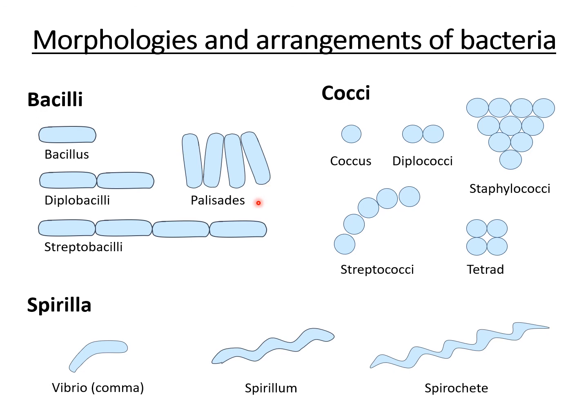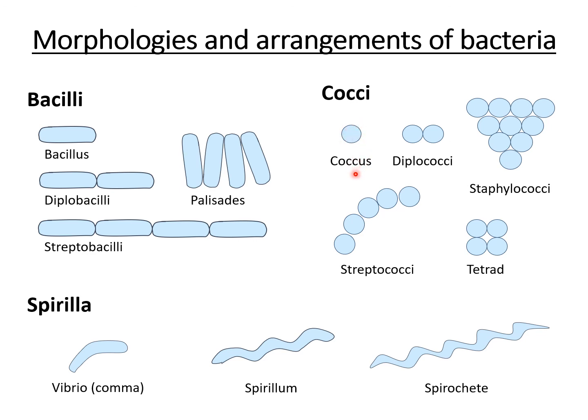Okay. Now, another shape is coccus. Coccus, it's spherical. What's the plural for the word coccus? Cocci. So cocci is the plural of the word coccus, and coccus is the spherical shape.